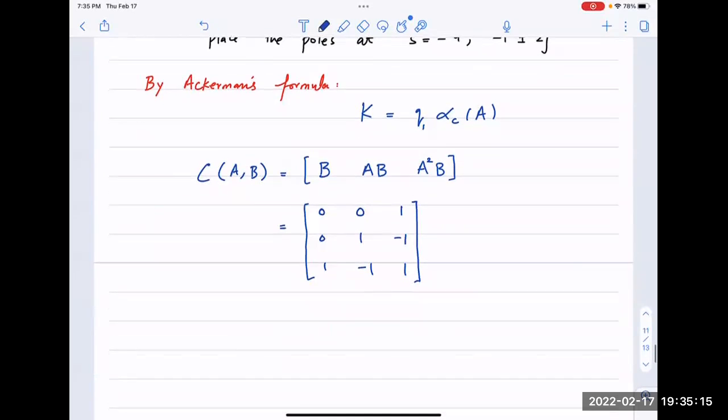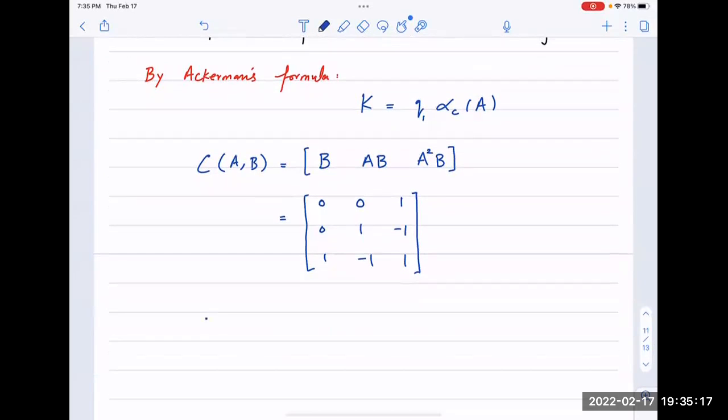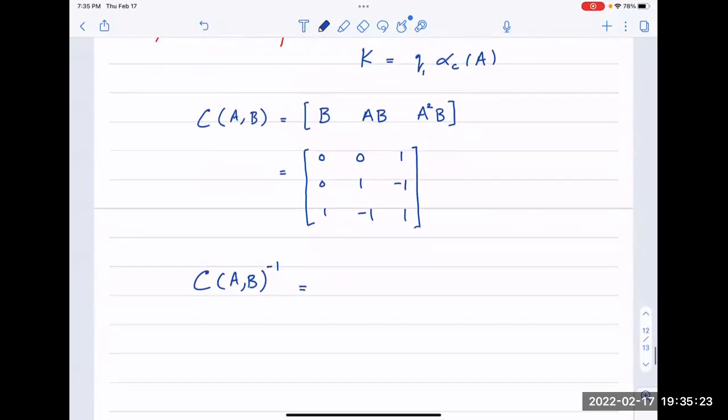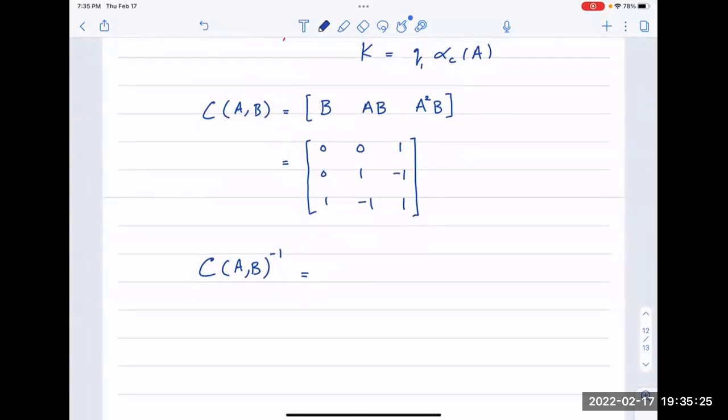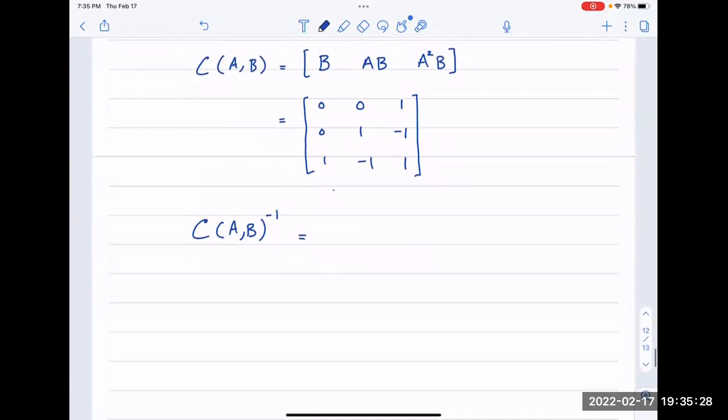Okay, so next thing is to invert it. So the controllability matrix inverse is, obviously you can compute it later, but I'm going to write it down here directly: 2, 1, 1, 3, 1, 0, and 1, 0, 0.